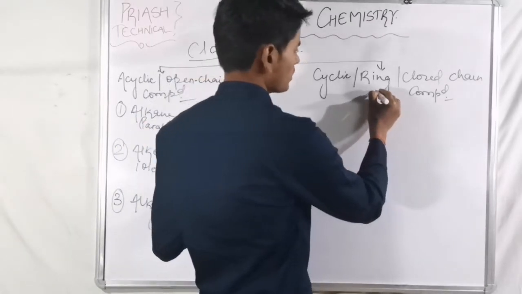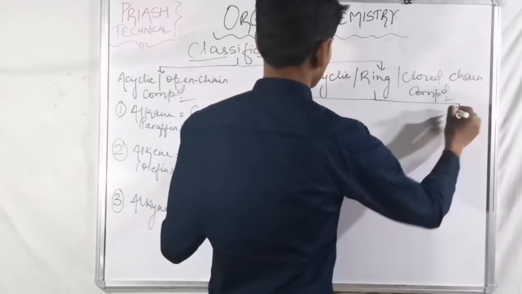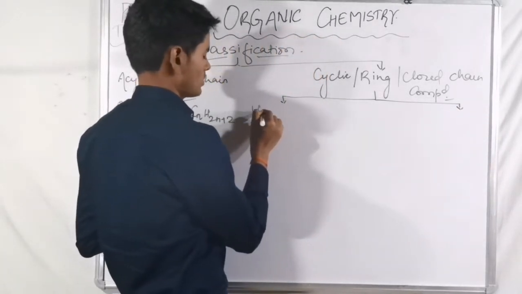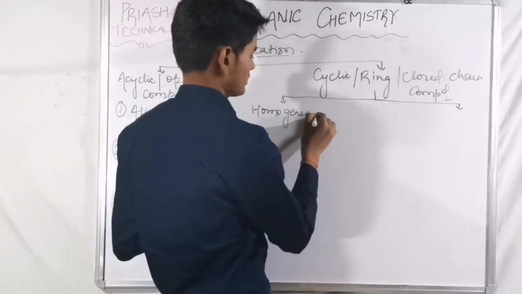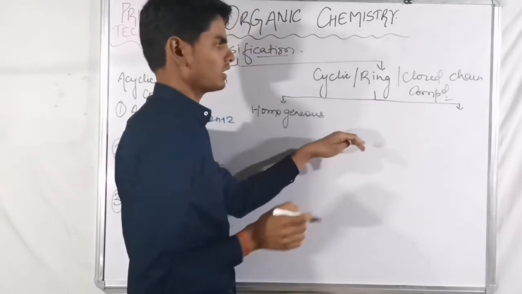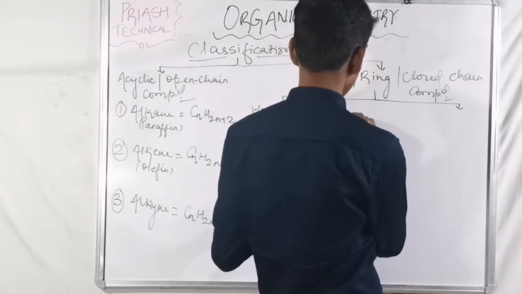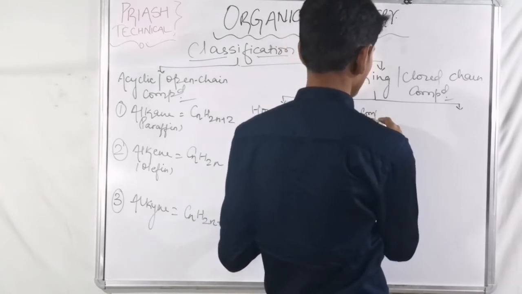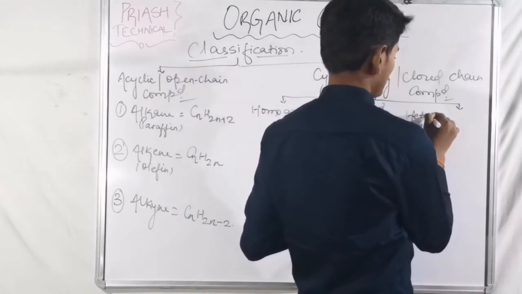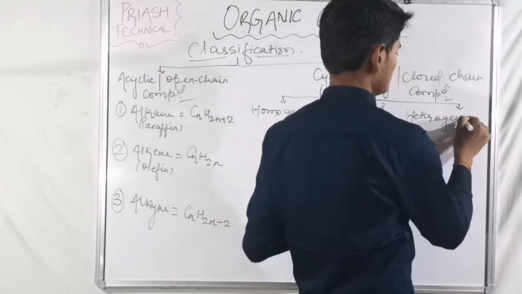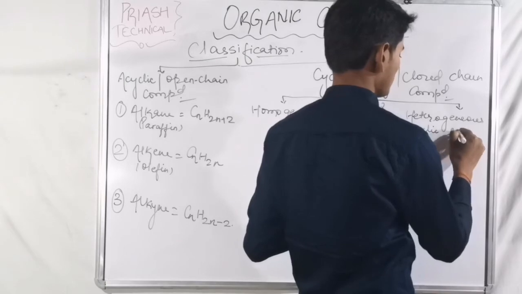Now cyclic or closed chain compounds are classified into two types, that is homogeneous cyclic compound and heterogeneous cyclic compounds.